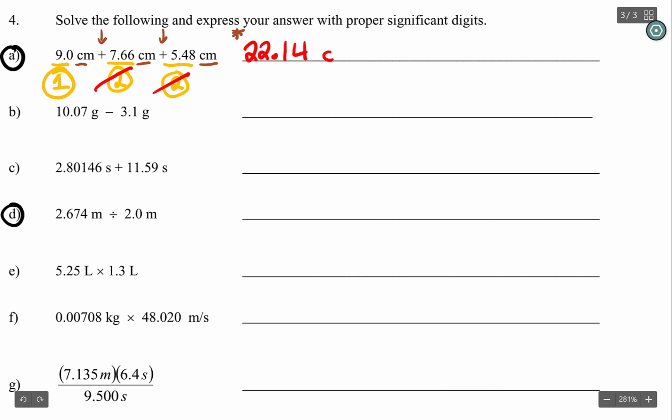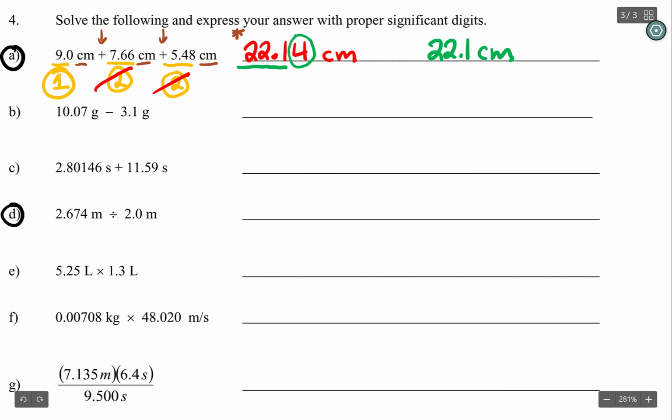Now the unit has to be a centimeter. Based on the number of significant digits, which is to a tenth, I have to go to this point. I circle the number behind it. 4 or lower does not round the number up. 5 and higher does. Because this is 4 and lower, it does not round the 1 up to a 2. My final answer is 22.1 centimeters.